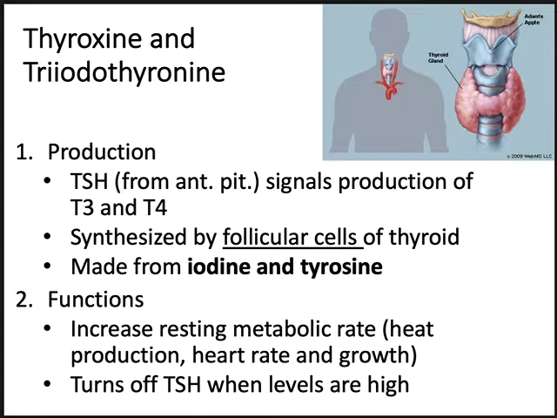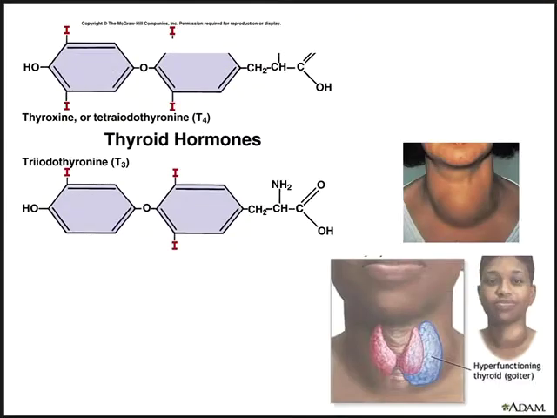Your heart rate will increase, your growth will increase if you're still growing, and your body heat will increase. And of course, the body has the negative feedback loop to turn off TSH when you have sufficient or high levels of T4. Okay.